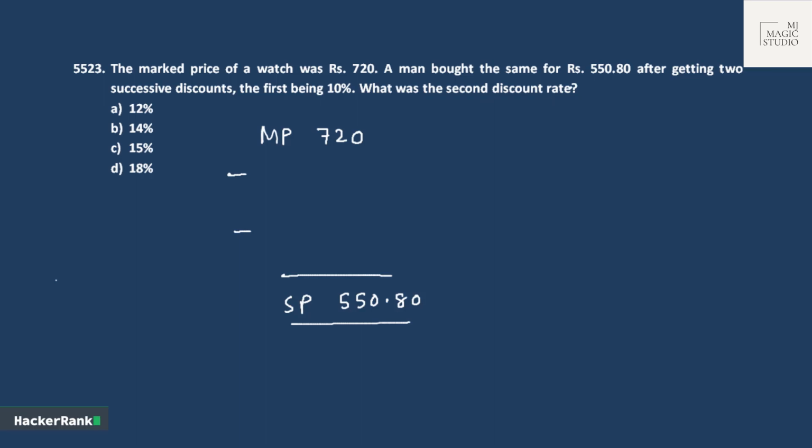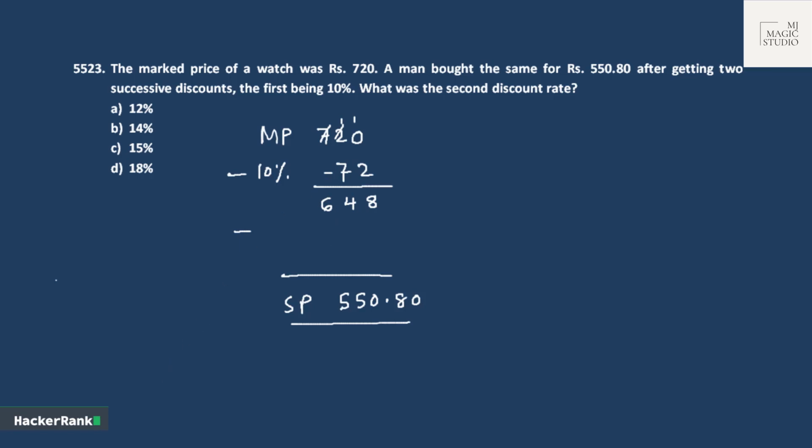Find what is the second discount rate. So we can use the simple logical method also. Let's first give a discount of 10%. Discount is always given on marked price, so 72 discount would be given. Now how much remains? 648.